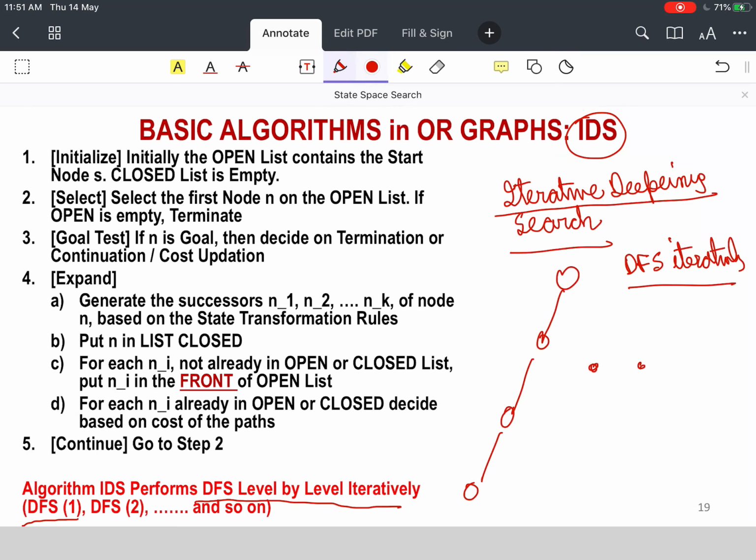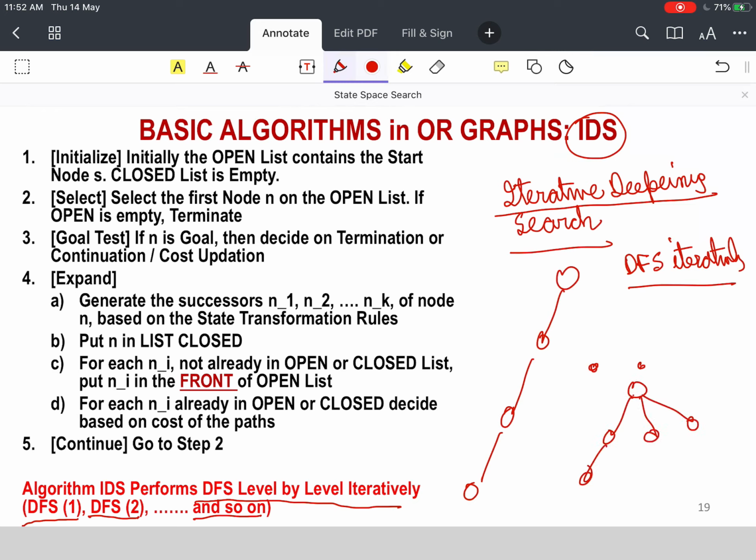It first performs DFS for level 1, then for level 2, and so on and so forth, which means that it performs depth first search up to level 1, then up to level 2, then up to level 3, and so on.